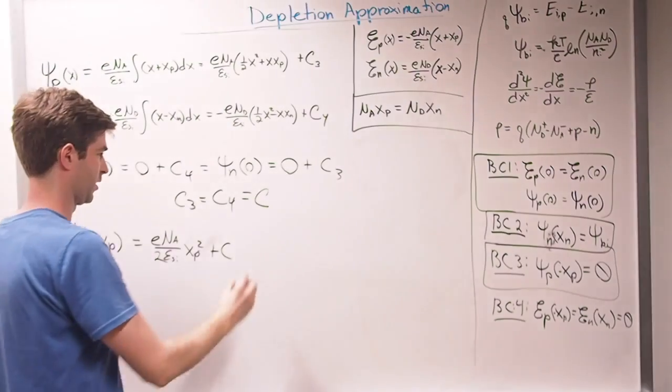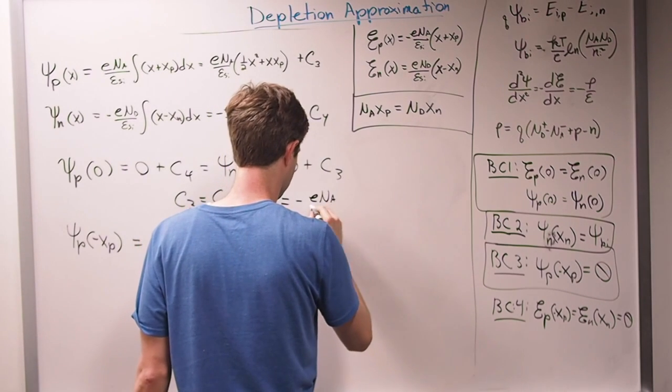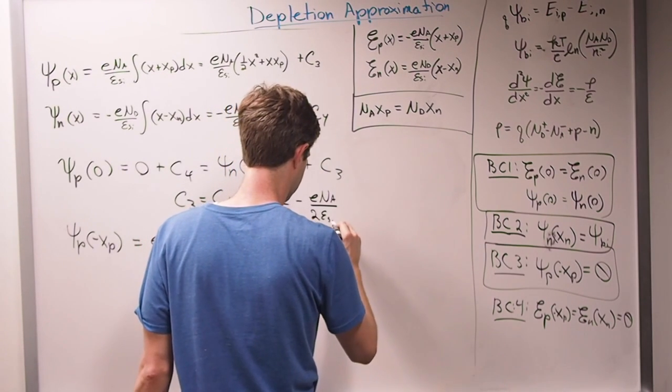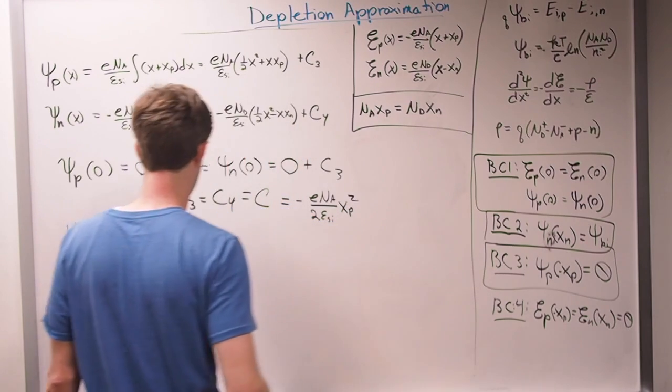So that means that our c is now equal to negative ENA over 2ESI xp squared, just like that.